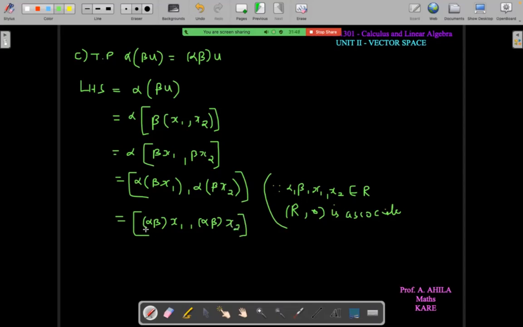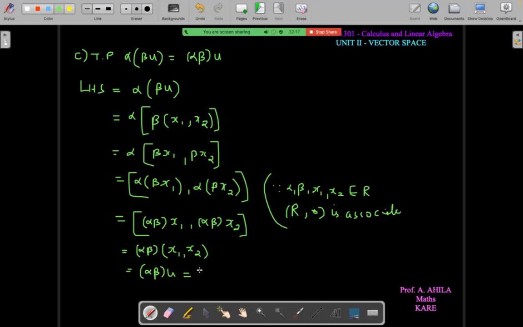So see, now I can take alpha beta outside. When I take alpha beta outside, the remaining is x1 comma x2. What is x1 comma x2? That is u. So alpha beta into u. Now I am getting the right hand side directly.